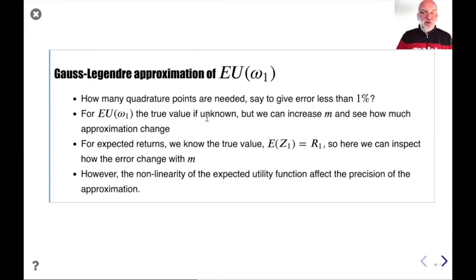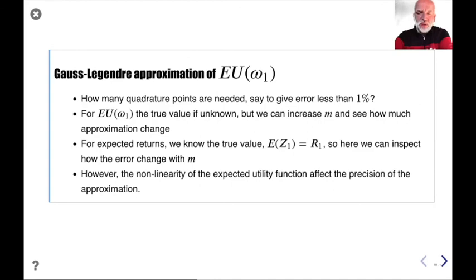For the expected utility function, the true value of the integral is unknown. We don't really know what the result is supposed to be. If we knew, there's no reason to do numerical integration in the first place. But for the expected return, if you take the expected value of the stochastic variable itself, that should be equal to r, and that could potentially give us some indication of how precise various methods are at approximating that mean, because we know what the result should be beforehand.